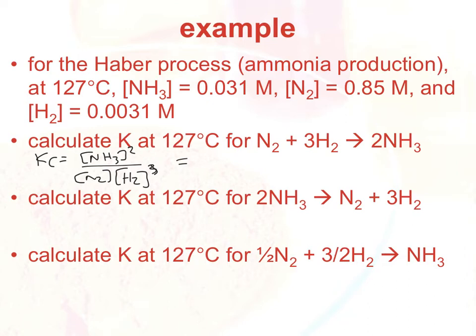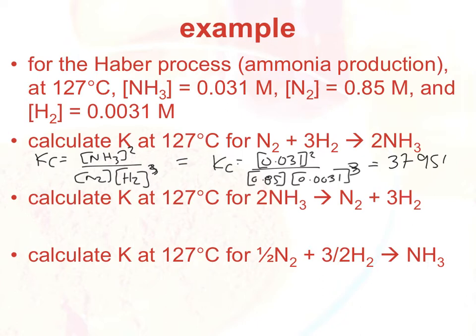Okay, so if we go ahead and plug that in, we end up with Kc equaling 0.031 squared divided by 0.85 and 0.0031 cubed, excuse me. Okay, so we'll go ahead and plug that into our calculator, and we end up with 37,950 as our Kc value.